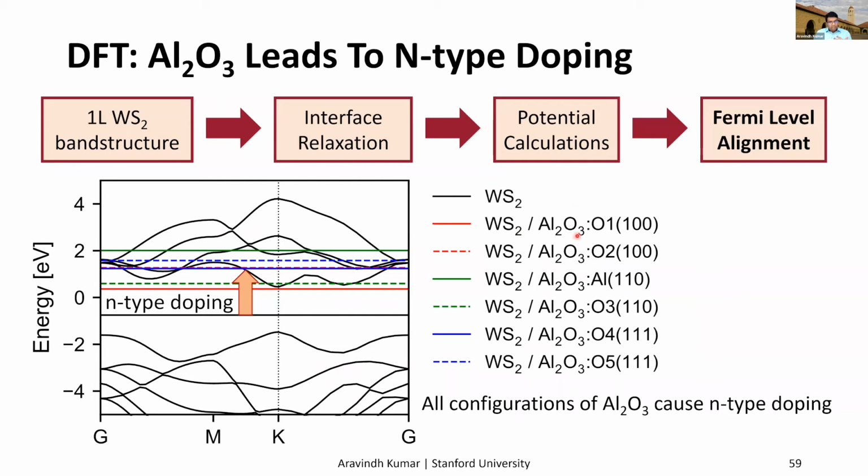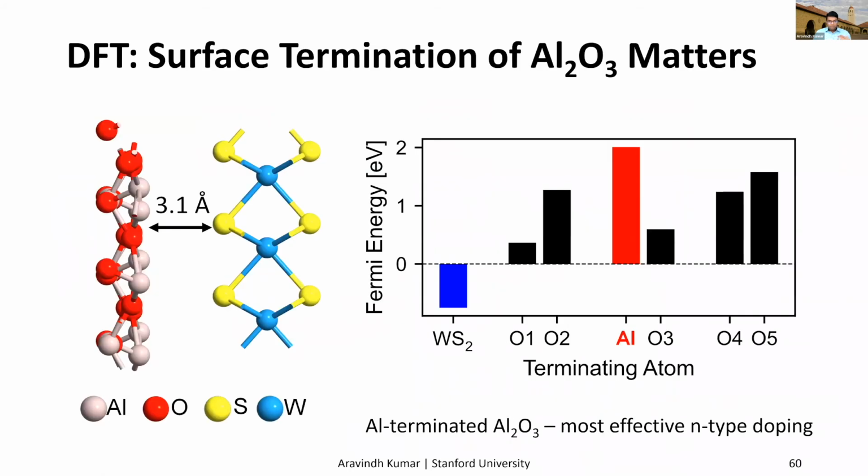We tested different configurations of the Al2O3 layer, different surface orientations, different surface terminations. And we see that in all these cases, there is a clear N-type doping that's going on, as seen in this Fermi level shift towards the conduction band edge. So here we plot the Fermi energy for each Al2O3 configuration, and we see that the aluminum terminated case is the most effective at the N-type doping.